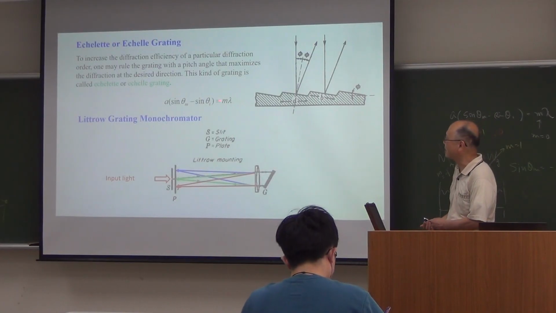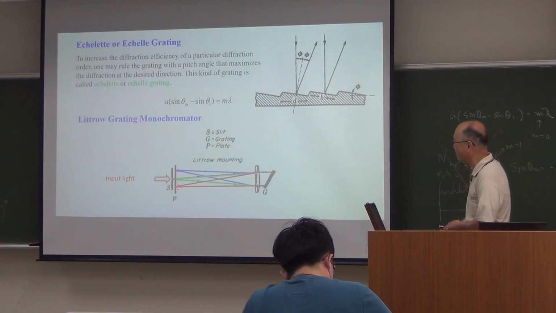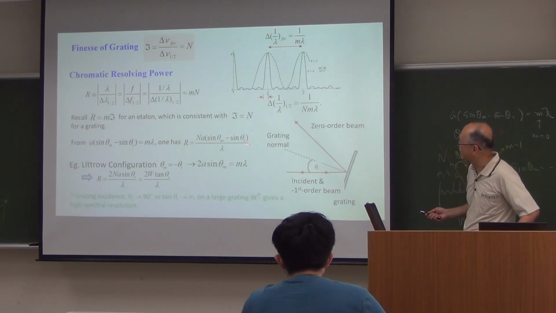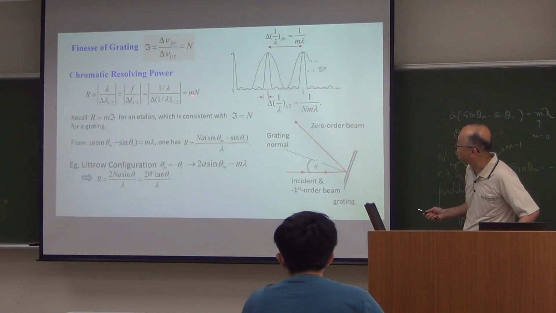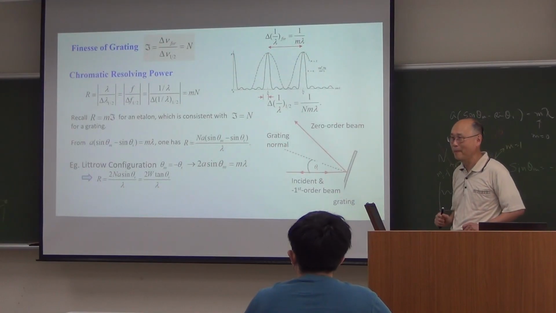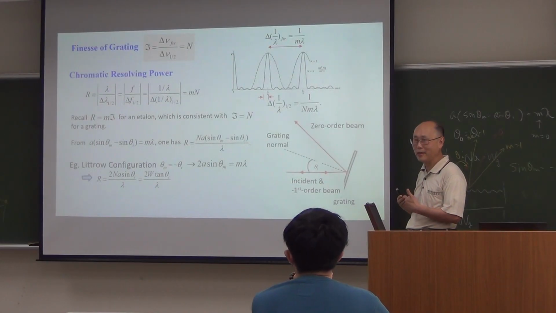And m is up to your choice. You can diffract the minus 1 order beam back or the minus 2 order beam back, up to your choice. For different choices of m, be careful that the resolving power is different. For large m, your resolution is better. That is also embedded into this expression. So sometimes you want to work with a very thin line to get good resolution.